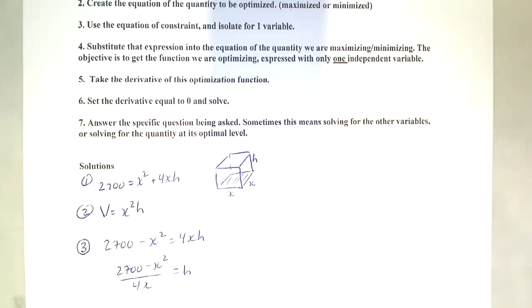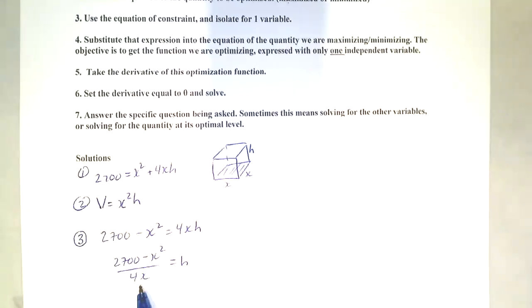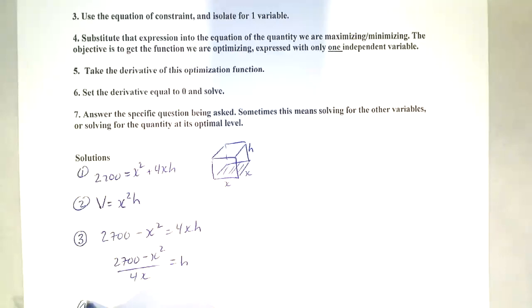That brings us, so far, to step 4. This expression is to be substituted into the equation that we are maximizing. So if you take the h and throw it away, you can now replace it with an expression that is equivalent to it, but uses only one variable.